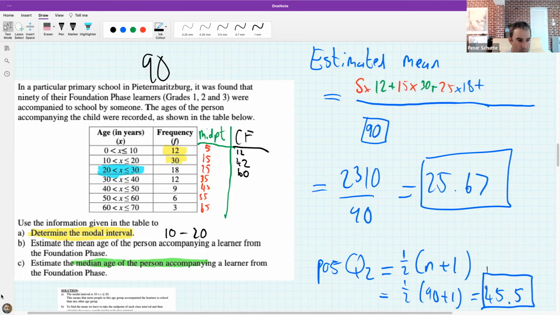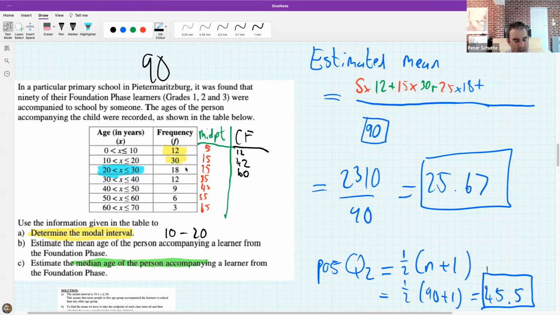If you think about the position, can you see that the position of the median is above 42? Yes, sir. It's 45.5. So what it means is, if I had to go to 42, you're right, the 42nd position would still be in the second row, but because I have to go into the 45th position, I have to leave the second row and go into the third row.